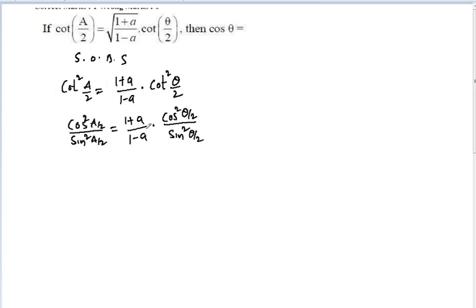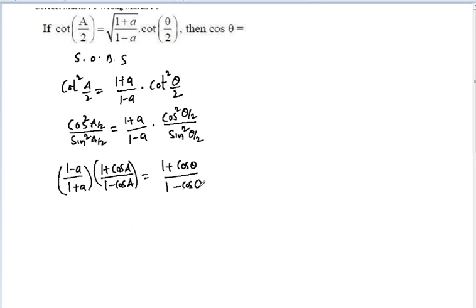So that is take 1 plus a by 1 minus a, take this side, that is 1 minus a by 1 plus a into the value of cos square a by 2, that is 1 plus cos a by 2 by sin square a by 2 is 1 minus cos a by 2. 2 cancel, that is equal to cos square theta by 2, 1 plus cos theta by 2 whole by sin square theta by 2 is 1 minus cos theta whole by 2. 2 cancel.